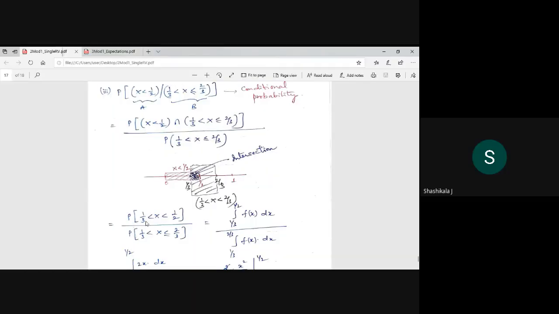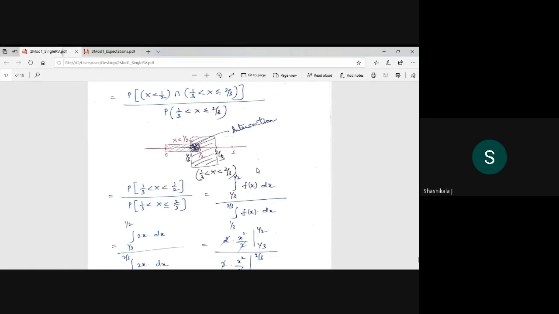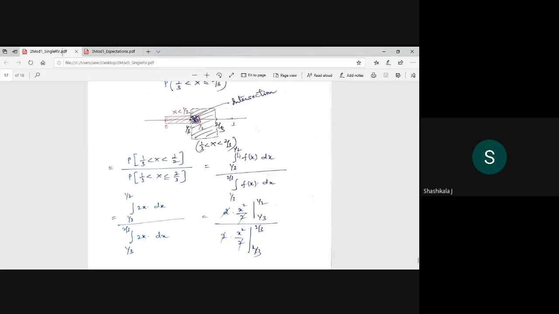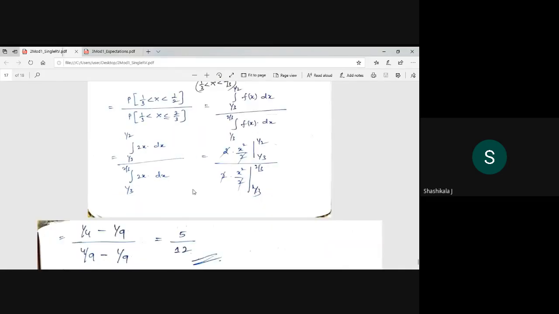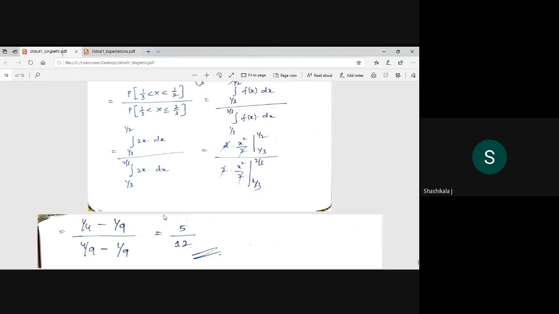But what they are asking is the intersection. Intersection means I will get only between 1 by 3 and 1 by 2. That's why I am writing the probability of 1 by 3 less than x less than 1 by 2, and the denominator. Now you write the f of x between these values, you substitute, and you are going to get 5 by 12.